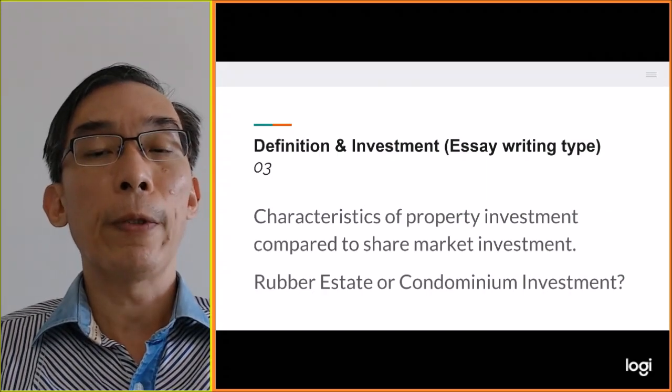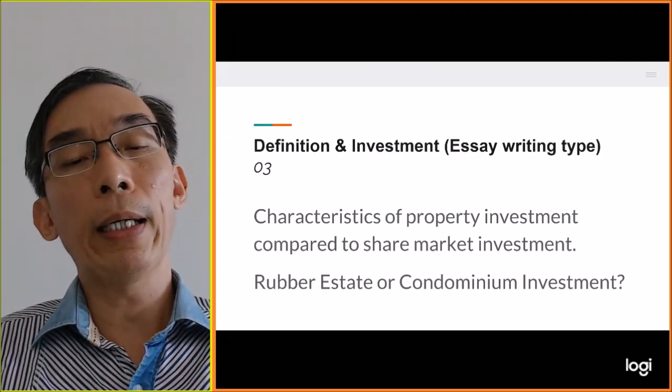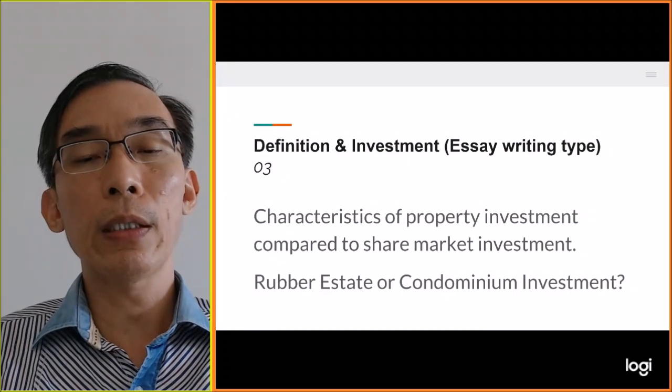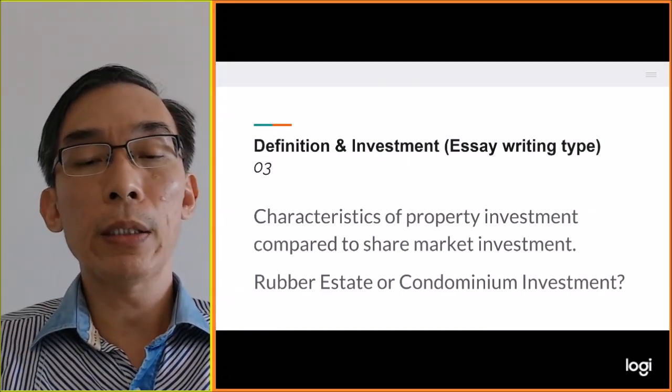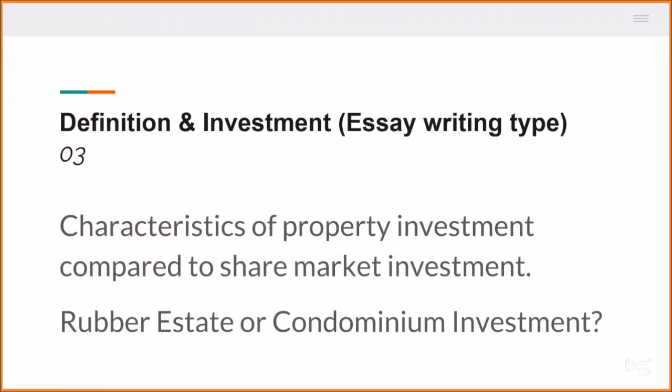So essay writing type is like, as I said just now, characteristics of property investment, characteristics of rubber estate or condominium investment. These are questions that were asked in past years, quite some years ago. But lately, there will be fewer of this type of comparative question, investment in rubber estate or investment in condominium.